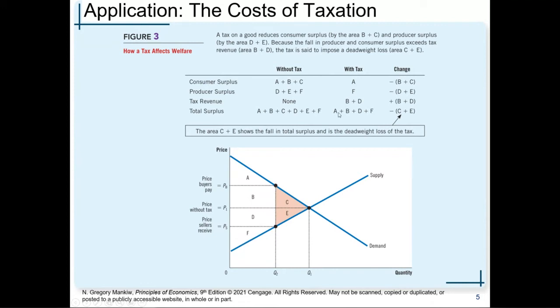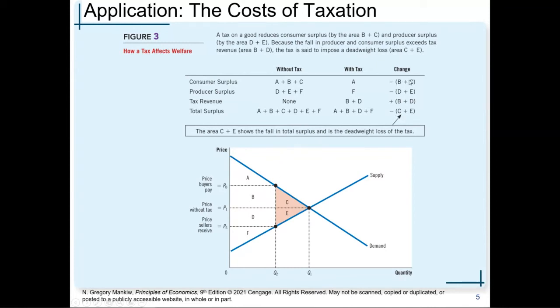So the final producer surplus will be F. The tax revenue will be B and D. A, B, D, and F represent the total surplus. It doesn't say who gets it, it's just the total surplus.